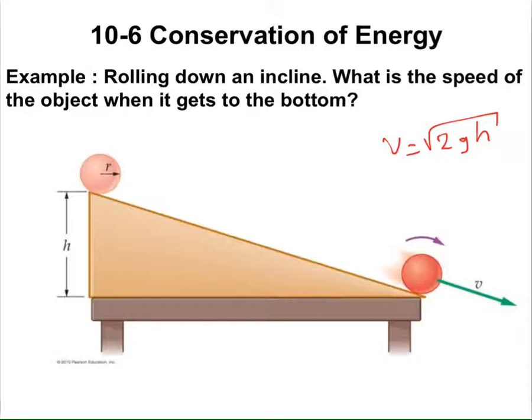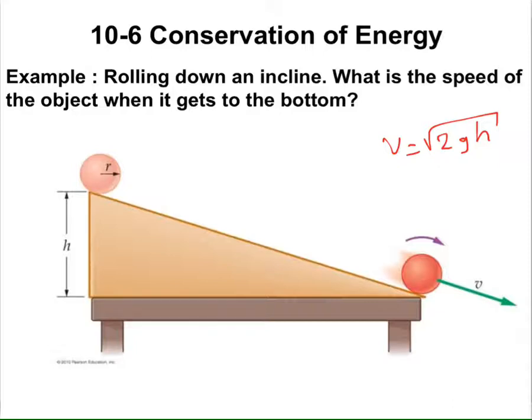Okay, we have initially the same total energy, mgh, right? In the first case, where the object is sliding without rotation, this whole energy, mgh, will go to the translational motion of the object, that means v, the speed of the center of mass.